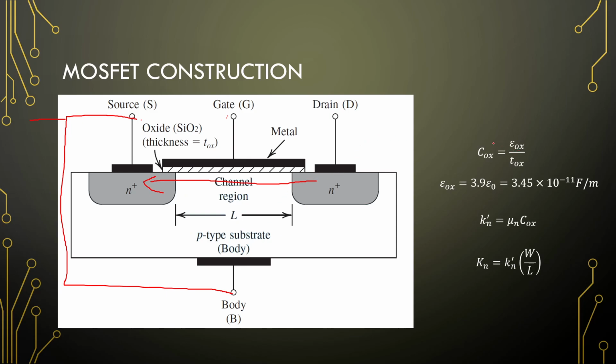Okay, so since this is dependent on a capacitance of some sort, we have Cox, which is the oxide layer here and its thickness, and that will give us our capacitance. And if we multiply that with the mobility of the electrons in this region, we can get our MOSFET's transconductance. Now this is amps per volts squared.